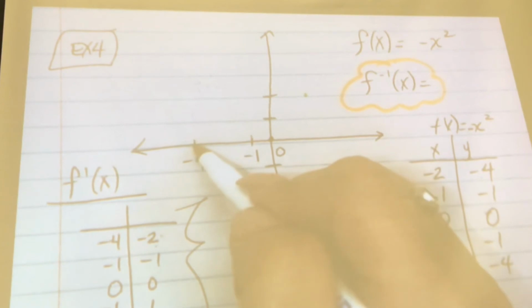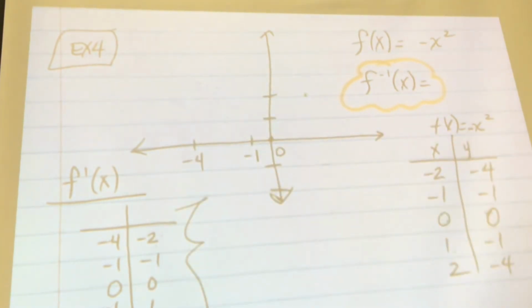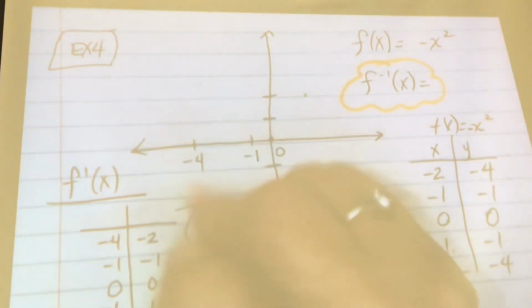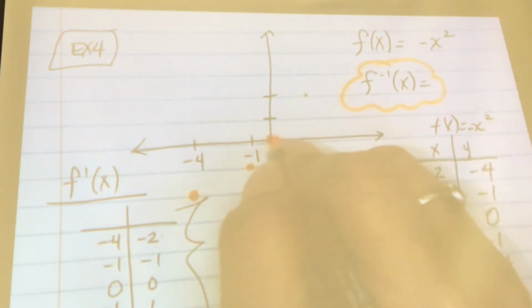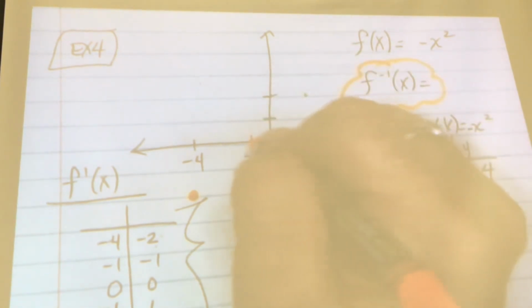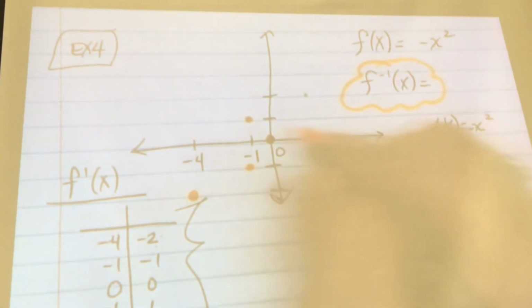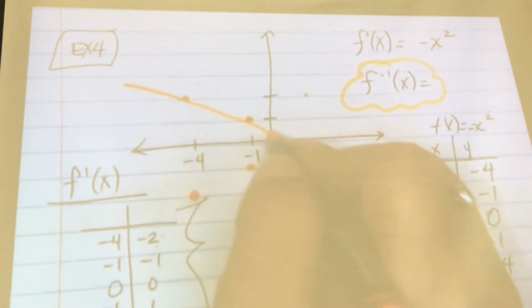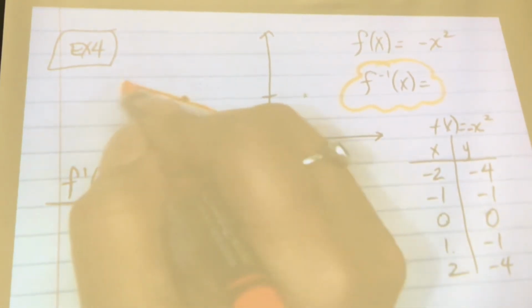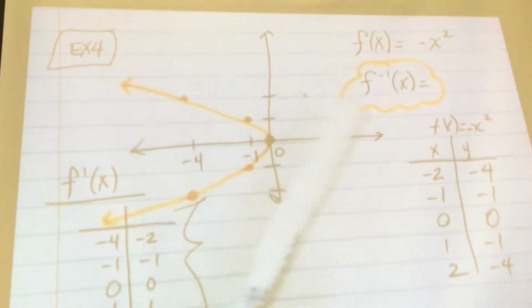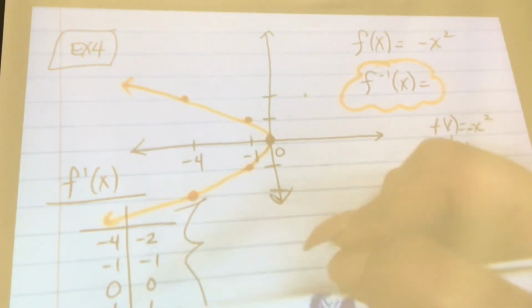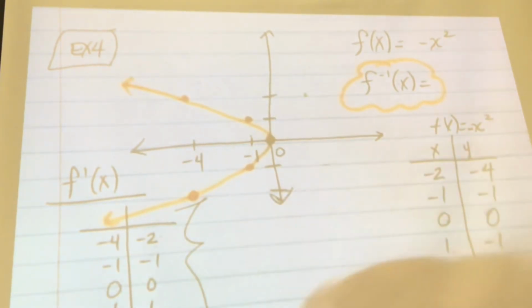So it's negative 4, negative 2, negative 1, negative 1, 0, 0, negative 1, 1, and then negative 4, 2. How can I tell this is not a function by the graph? It does not pass the vertical line test. So Kathleen was able to identify automatically by its table that the x's repeat with different y values, not a function.